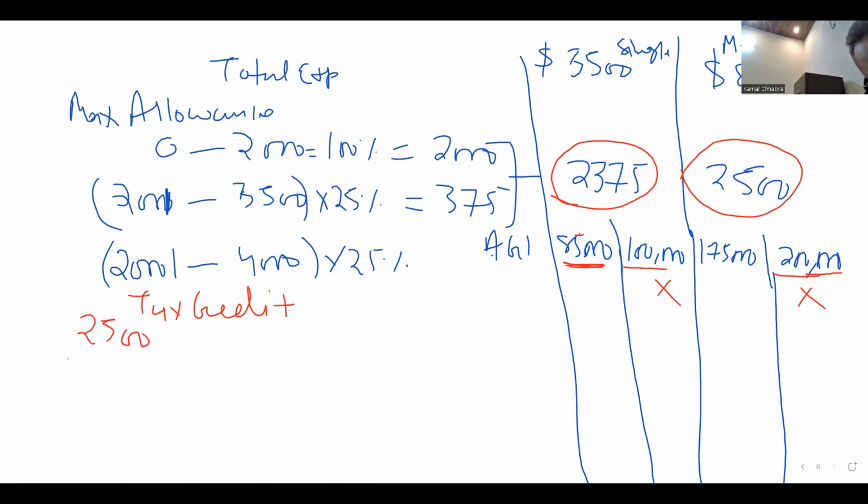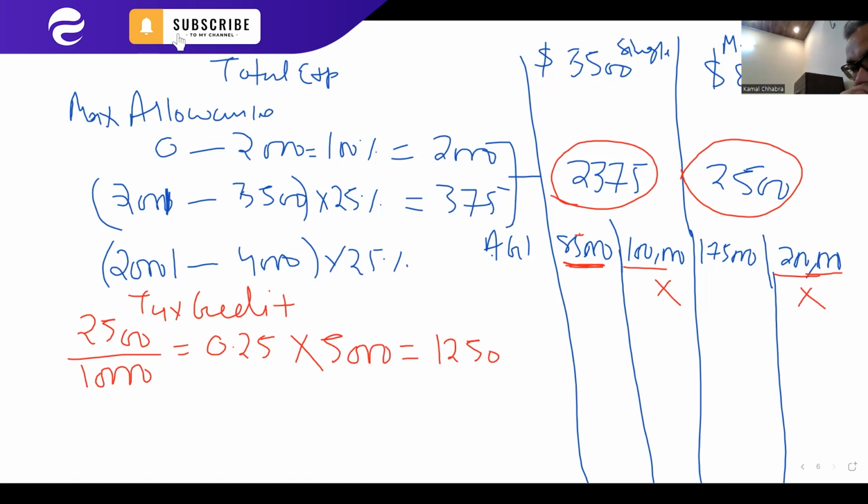So 2,500 divided by 10,000, how much is it? 0.25 cent per dollar income, right? What is the extra income they have? $5,000. So 5,000 multiplied by 0.25, how much is it? 1250.